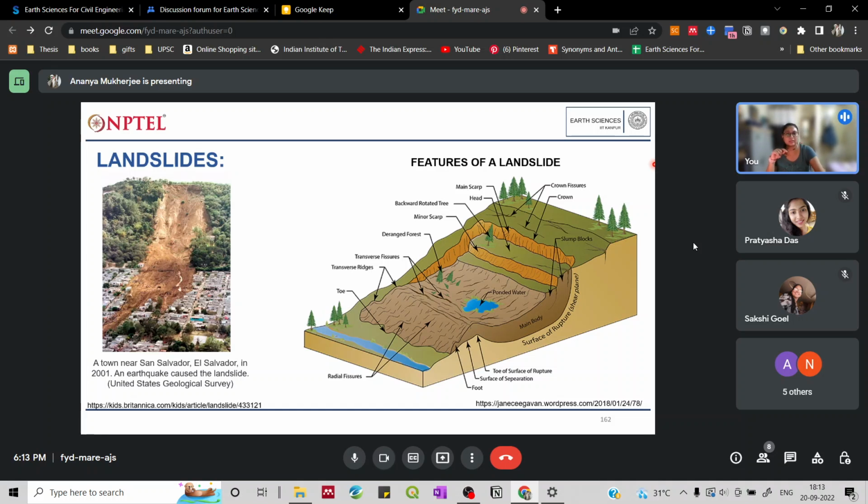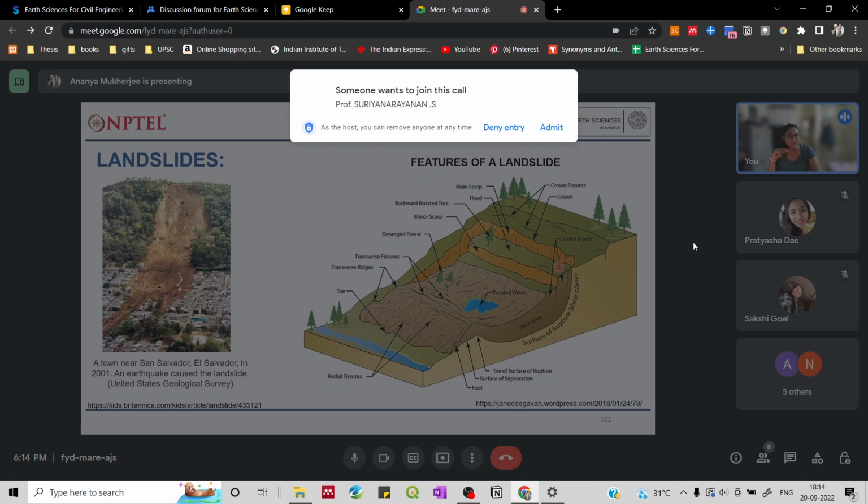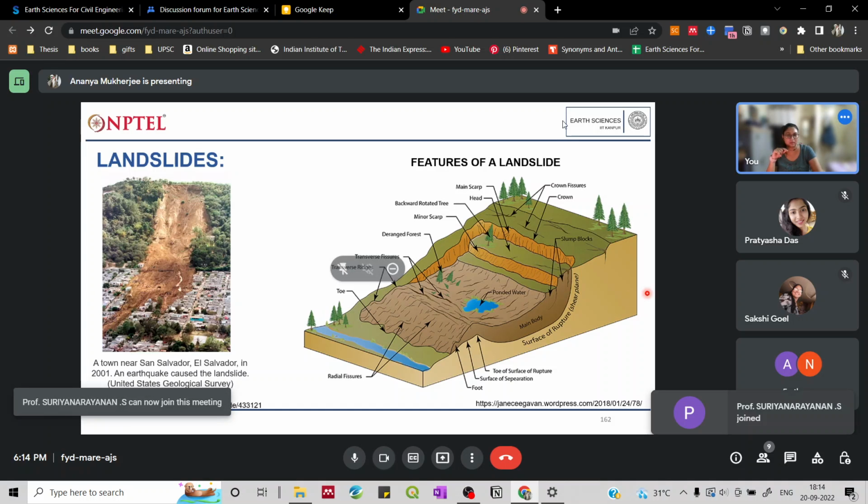Now, to understand landslides, these are some features of a landslide. You can see these slump blocks. Now these slump blocks will form once this area has already slid down. Because this material has slid down, the area behind it will subside. It will slowly start sinking.